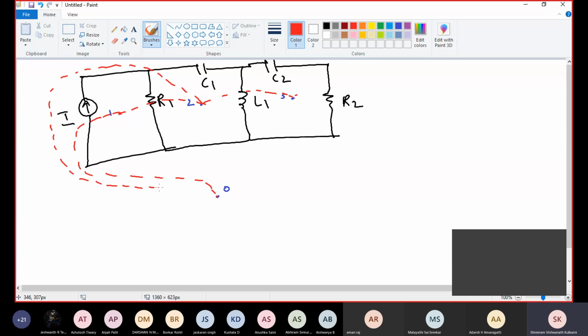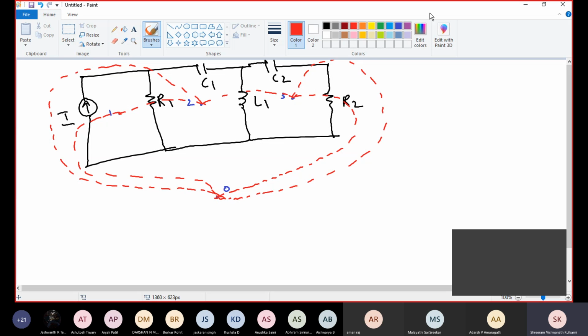we need to connect all the nodes with the reference node. For node 2, then node 3, the branch with capacitance C2, we need to cross that also.